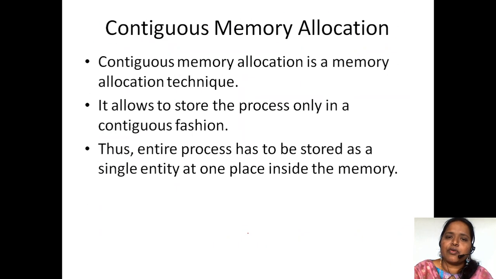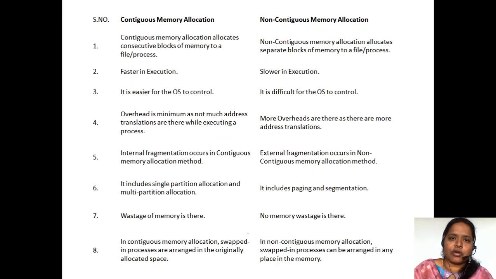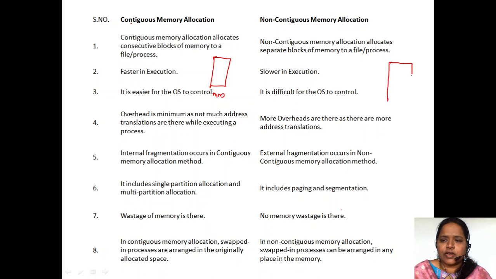Whenever we talk about contiguous and non-contiguous memory allocation, you can find many differences between them. Contiguous memory allocation allocates consecutive blocks of memory. As I said, this is the main memory, and here the memory has been partitioned.